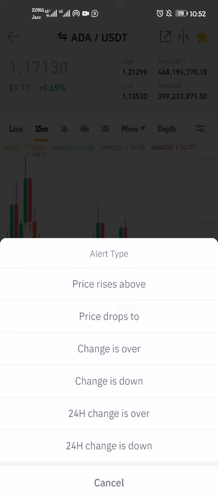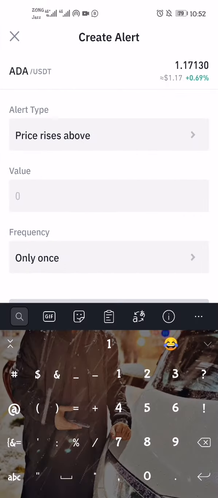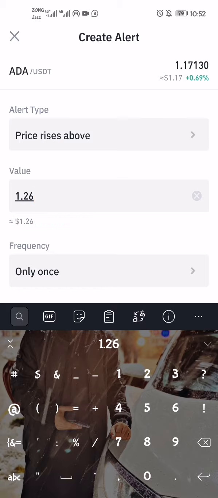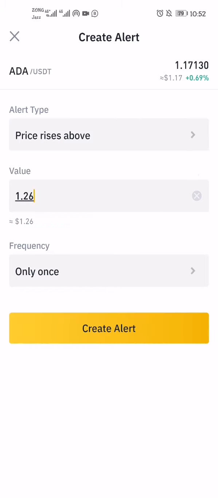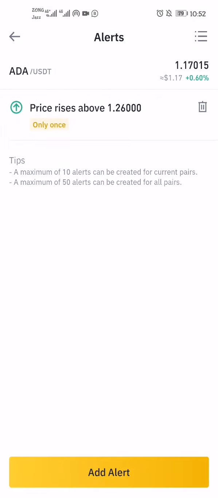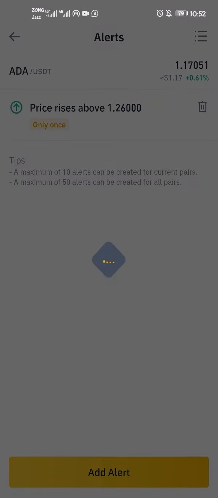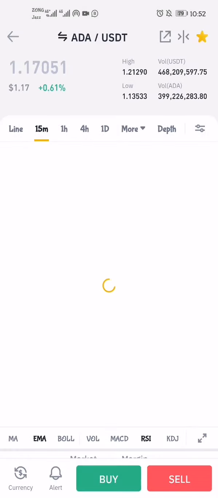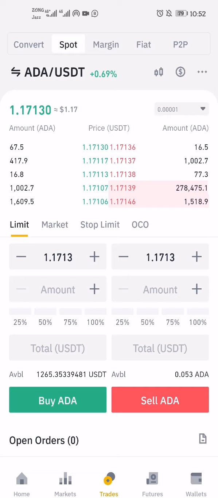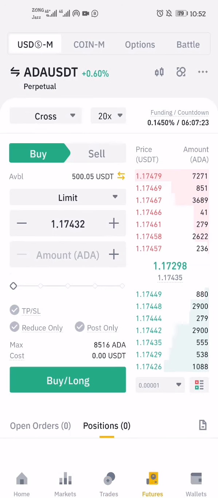Alert when price rises to 1.26, and you can create an alert. When the price rises to this level, you will get a notification. Once you get the notification that ADA is now at 1.26, then you will have to take entry in the futures.